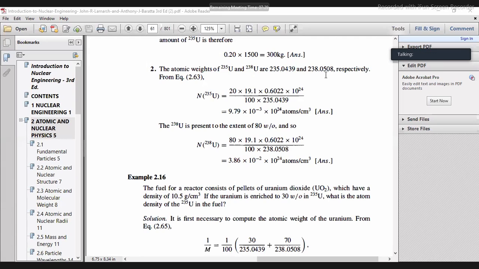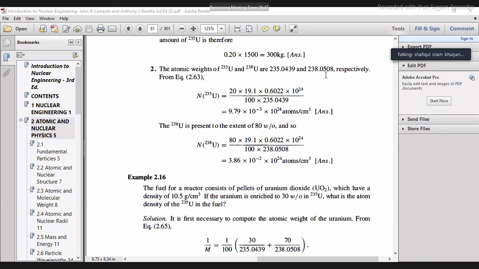The molecular weight of uranium dioxide will be 237.141, which we have calculated, plus 2 into oxygen 15.9994, which will be equal to 269.139. Okay, so this is the molecular weight of uranium dioxide.